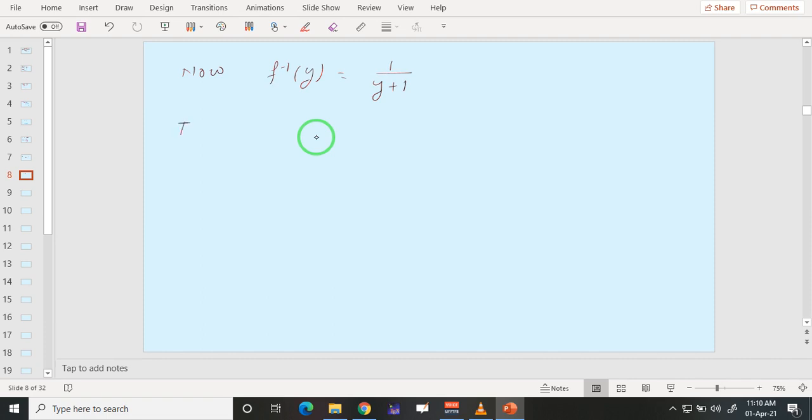To show that f inverse is a continuous function, how will we show it? Again, we will go for the compositions. First you take whatever y you have, you translate it by plus 1, and the answer is y plus 1, then we invert it.